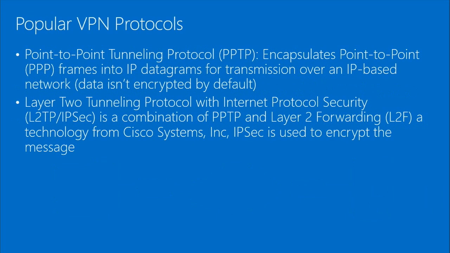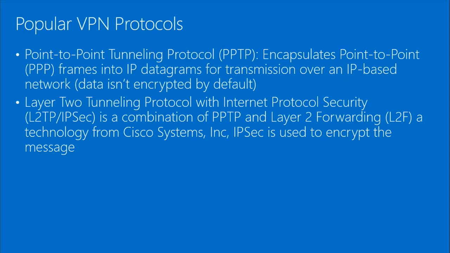Popular VPN protocols include PPTP, Point-to-Point Tunneling Protocol. This encapsulates point-to-point frames, PPP frames, into IP datagrams for transmission over an IP-based network. By default, the data is not encrypted in a PPTP session.